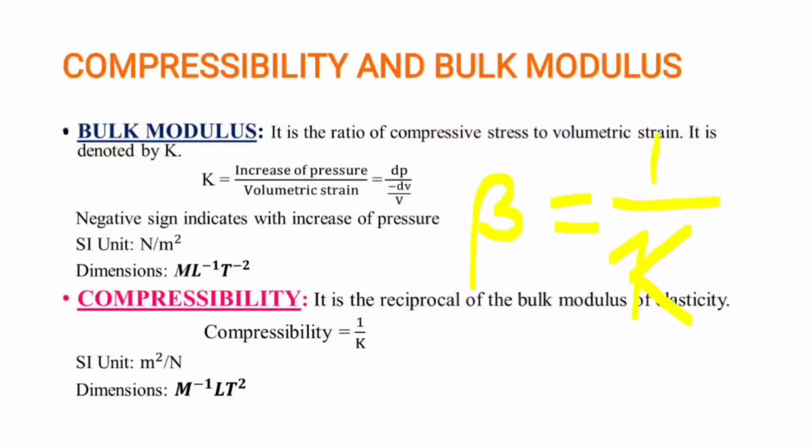The units are also reversed, so the SI unit will be meter square per Newton. The dimensions are M power minus 1 L T power 2.